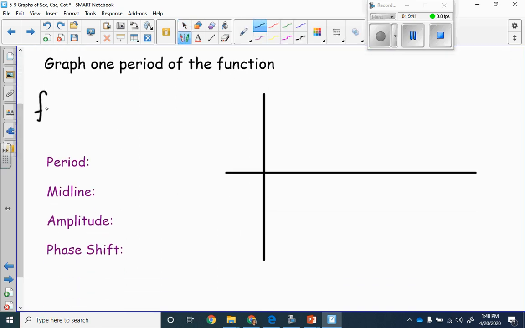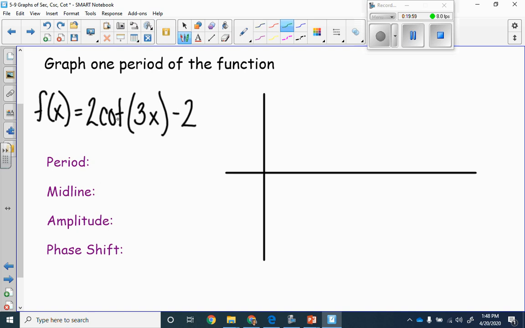Alright, so we'll do f of x is equal to, let's do 2 cotangent of 3x minus 2. Okay, so now once again we're doing cotangent, so we're going to treat it like tangent.